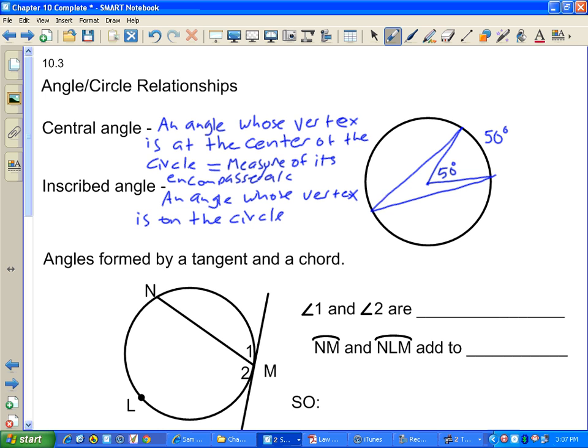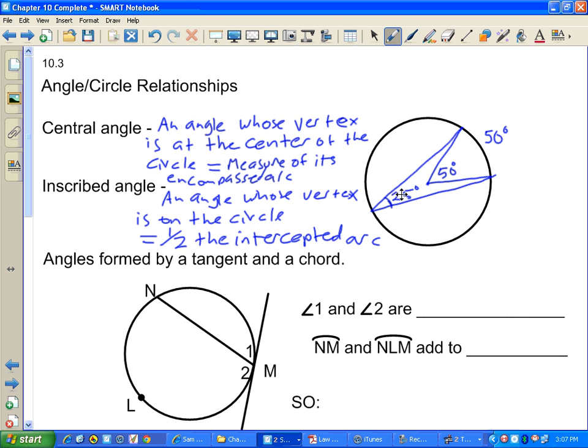This would be an inscribed angle. And an inscribed angle equals half the intercepted arc. Okay, so if this is 50 degrees, this would be a 25-degree inscribed angle.